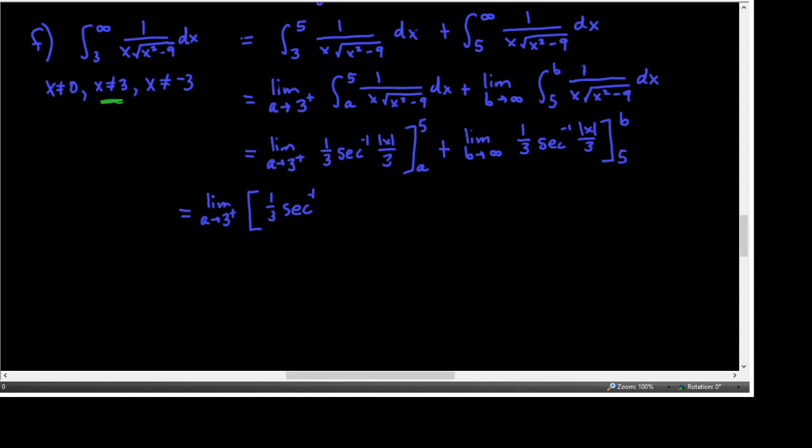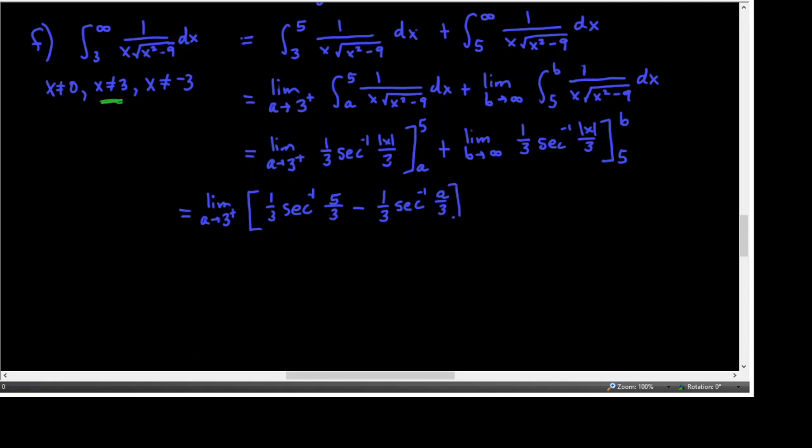The absolute value of 5 is 5, so that'll be secant inverse of 5/3 minus, now we'll substitute into our antiderivative with a, and since a is between 3 and 5, it's positive, so I can simply say a over 3 because it doesn't really matter on that one.